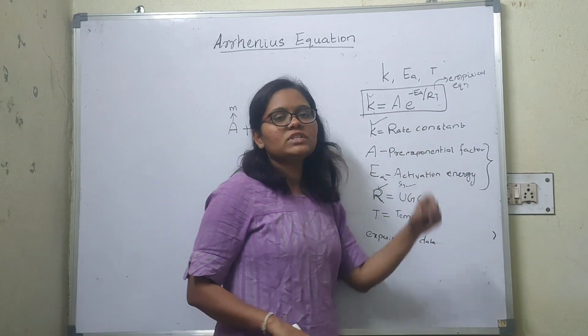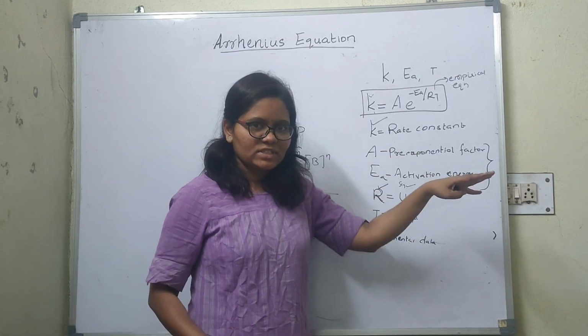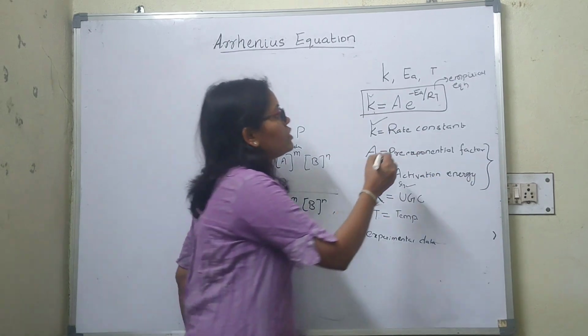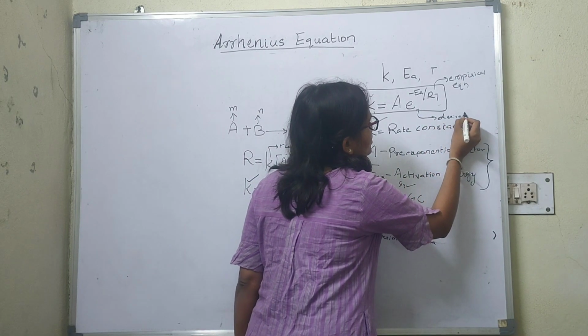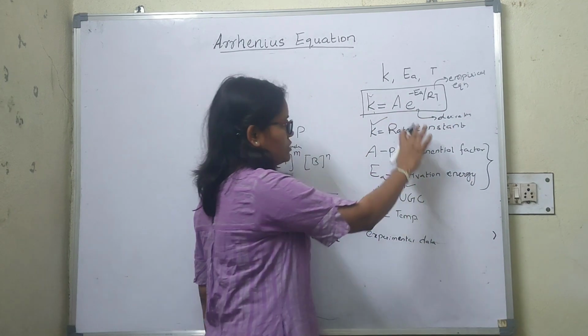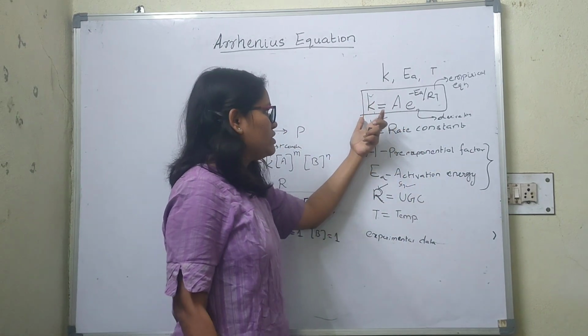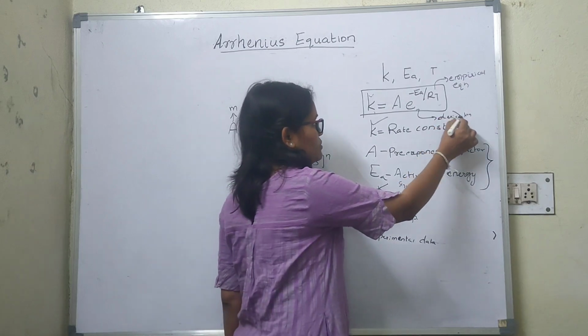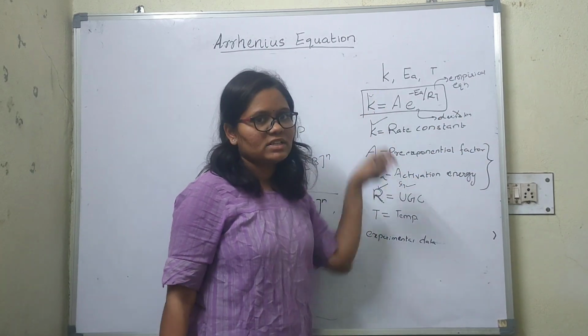These equations do not have a theoretical background, and since they do not have any theoretical background, they will not have a derivation. So there will be no derivation of the Arrhenius equation. You need to remember this equation, know it by heart, since there is no derivation. So if there is no derivation, how can we justify this equation?